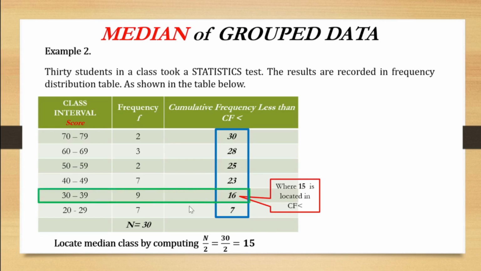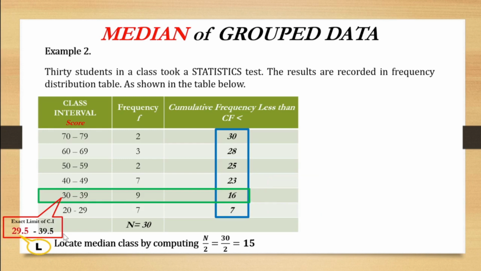This is the basis in finding the L, the Fm, and the uppercase F. In the median class, for the class interval, we have to identify the exact limit of this class interval by subtracting 0.5 and adding 0.5. So the exact limit of this class interval is 29.5 to 39.5.